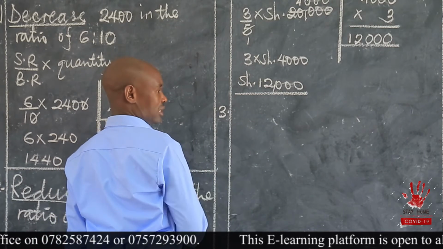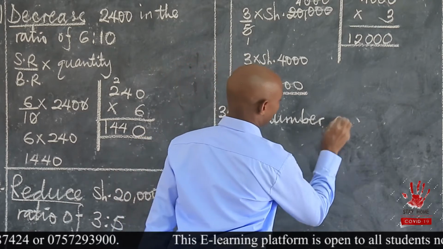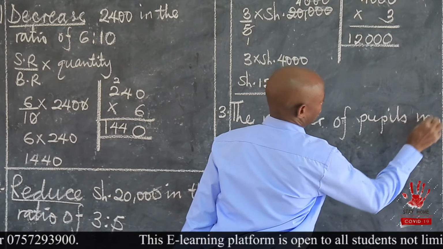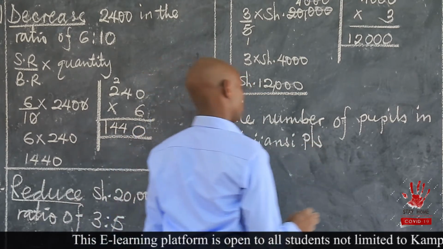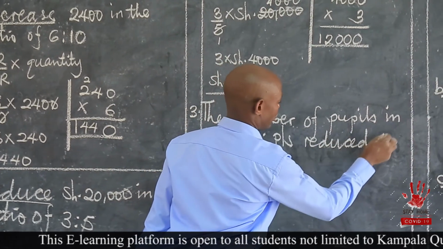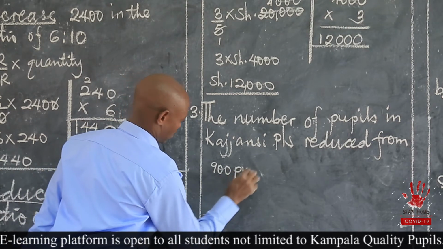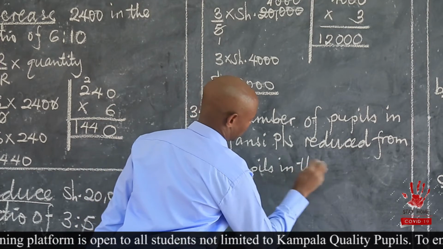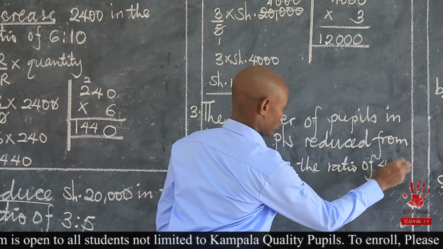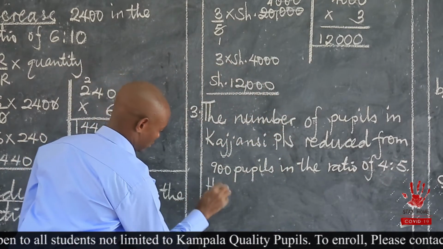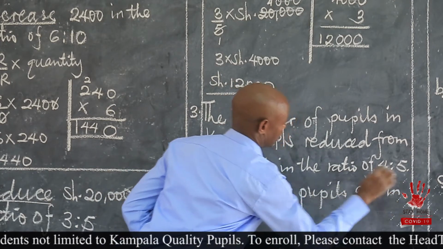So we can say this will be application whereby you can say the number of pupils in Kajans Primary School reduced from 900 pupils in the ratio of 4 to 5. How many pupils are in the school now?